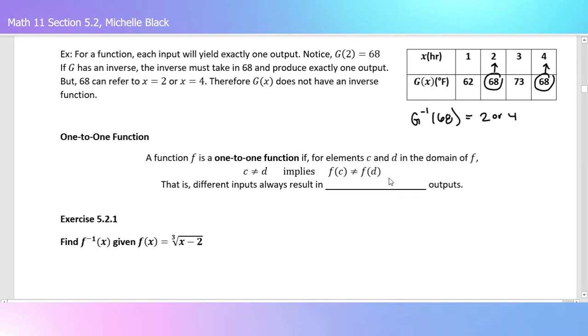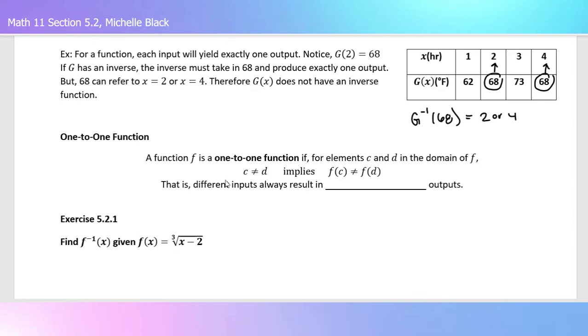If you want to guarantee that you have an inverse function, your original function needs to be what we call a one-to-one function. A function f is a one-to-one function if, for elements c and d in the domain of f, where c and d are not the same, this implies that f of c will be different from f of d.